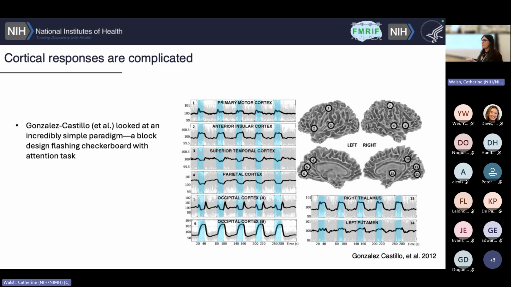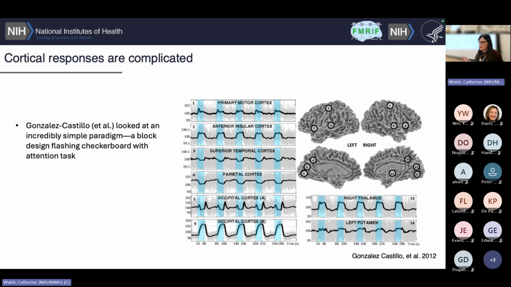They did 100 runs with 5 blocks each, so 500 different times looking at this checkerboard for, I think, 30 seconds at a time, just continuously, which is a terrible task to ask people to do. In case anybody was wondering, that's not a super fun task.